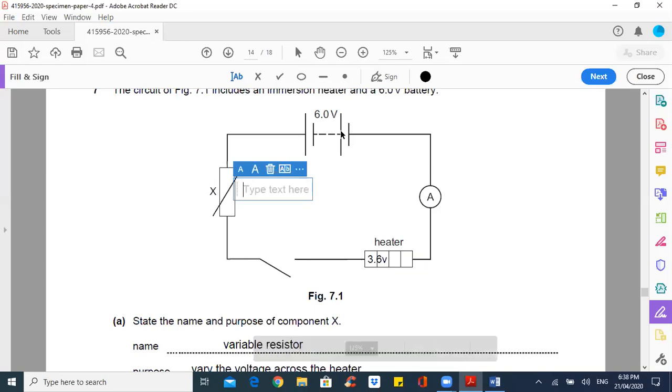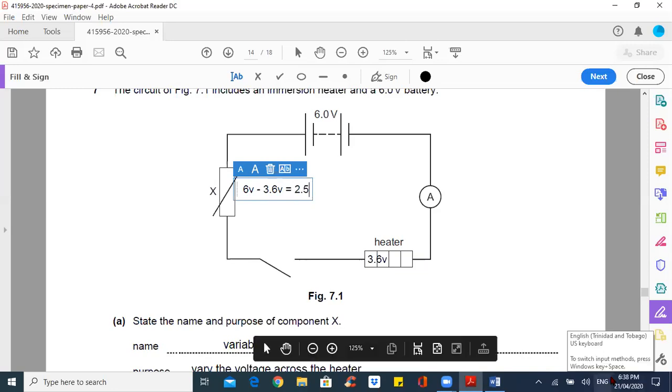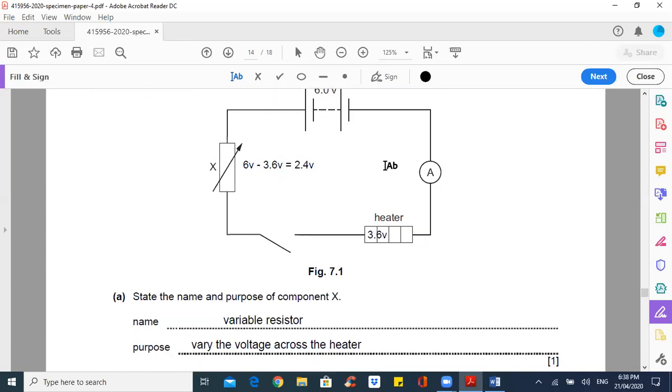It's going to be 6 minus 3.6 volts, which is 2.4. So you have a balance of 2.4 volts across the resistor. Here, your variable resistor will work off 2.4 volts. The heater is 3.6, here is 6.0.